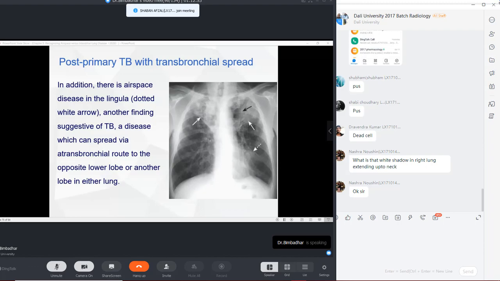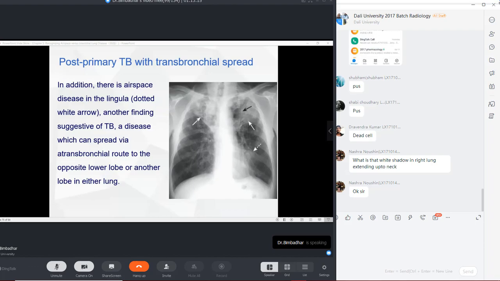So that will show up as an opaque shadow. Okay, and now you also have to understand, by this I came to understand another complication, that atelectasis and volume loss is also a characteristic feature of primary TB, sorry, post-primary TB, right? Did you get it?